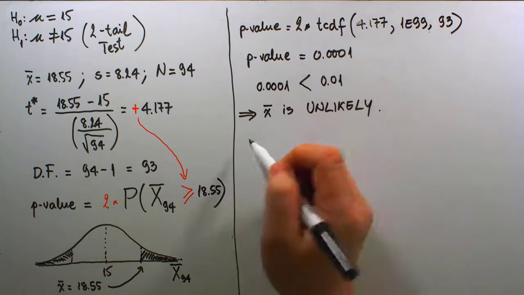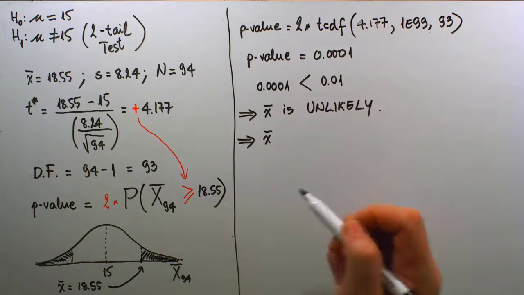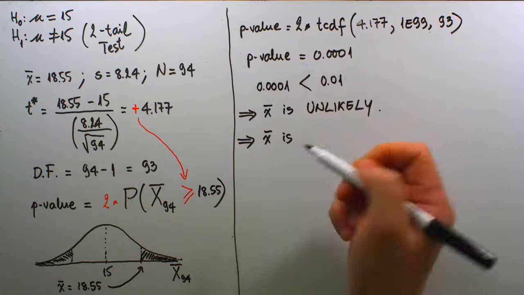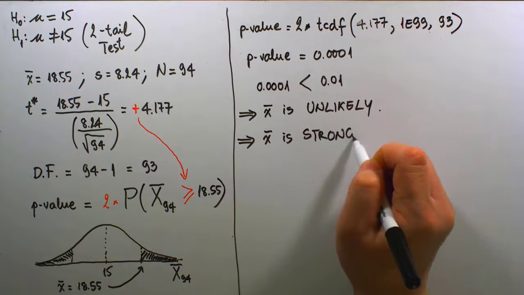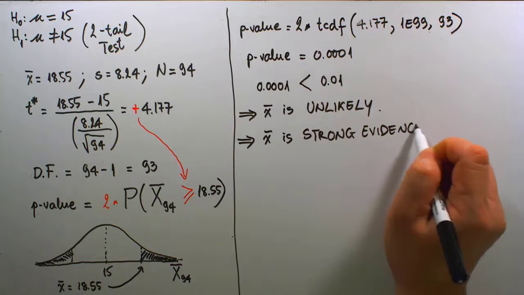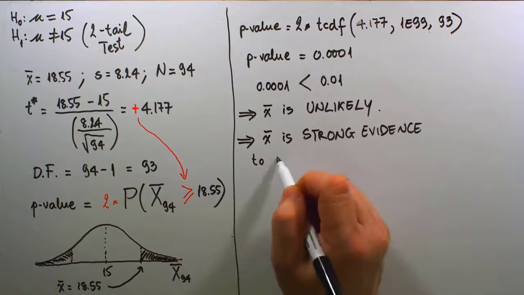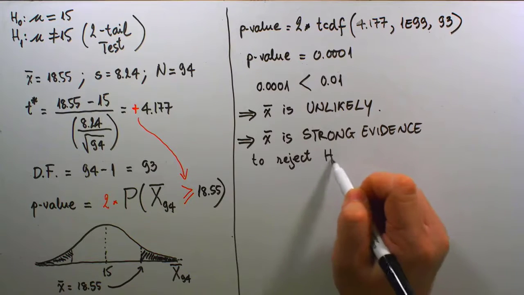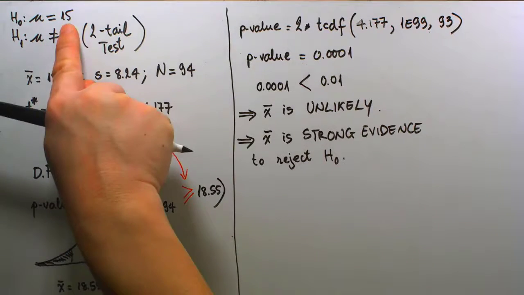And that's leading to a further conclusion saying that x bar that we have here is a strong evidence to ultimately lead us to reject H sub 0, the null hypothesis that claims mu equals 15.